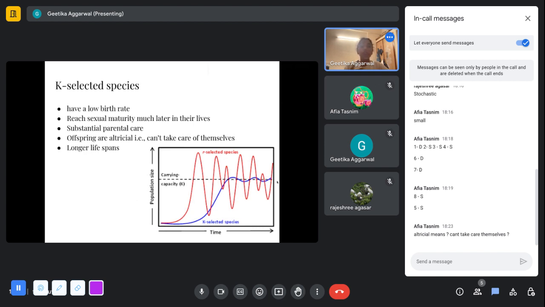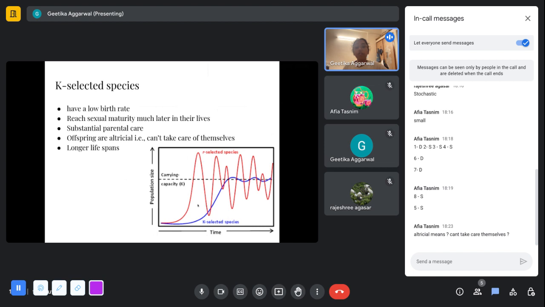There are no sudden fluctuations in the population of a K selected species. But for an R selected species, you can have sudden bouts of increase or decrease in the population. Say, for example, a mosquito laid a lot of eggs in one pond. If that pond were to get destroyed, or if a human came by and sprayed pesticides in that area, then there will be a sudden decrease in the population of mosquitoes in that area.